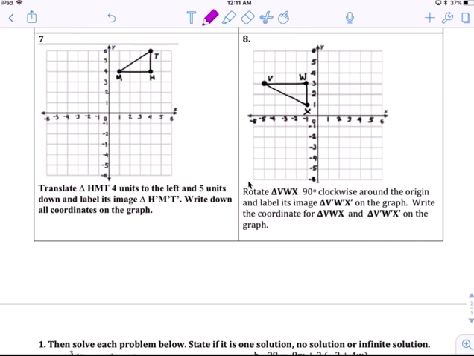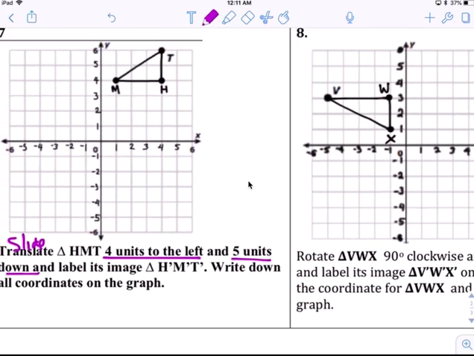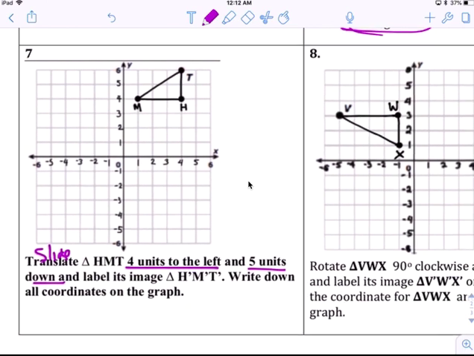Translate, that means to slide. HMT, 4 units to the left and 5 units down. And label H prime, M prime, and T prime. Write all the coordinates on the graph. Okay, you have to write all the coordinates on the graph.